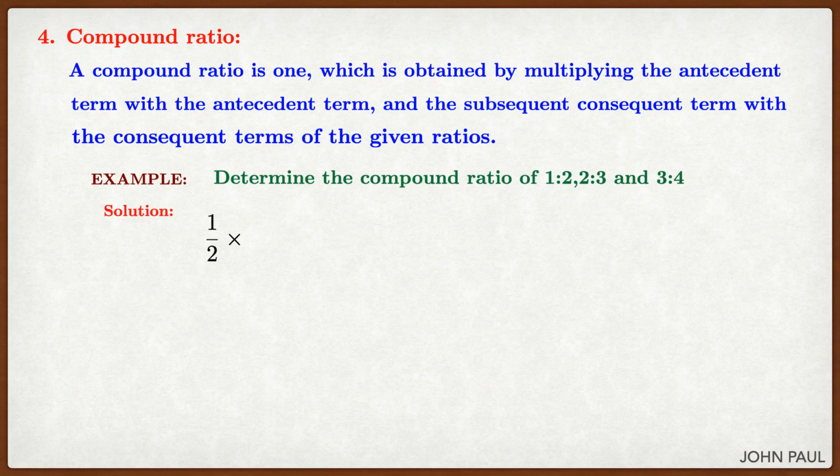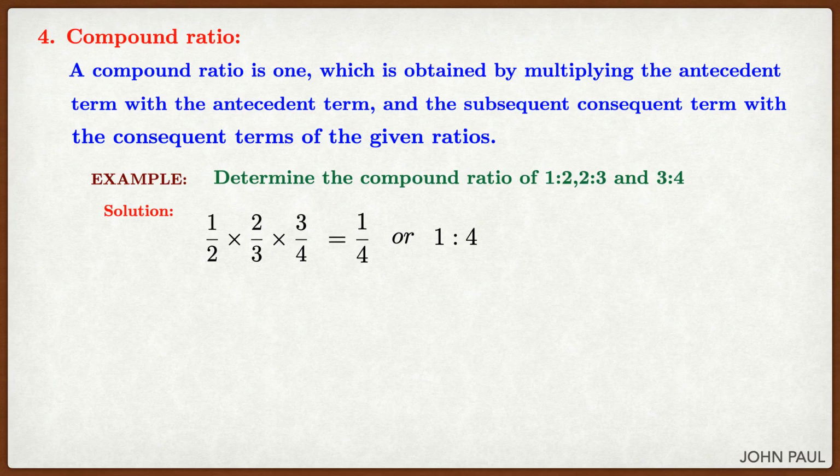Solution, we will write this in division, that is 1/2 into 2/3 into 3/4. Now check whether we can cancel any term. Cancel the possible terms, we get 1/4, or we can write it as 1:4. Therefore the compound ratio is 1:4.